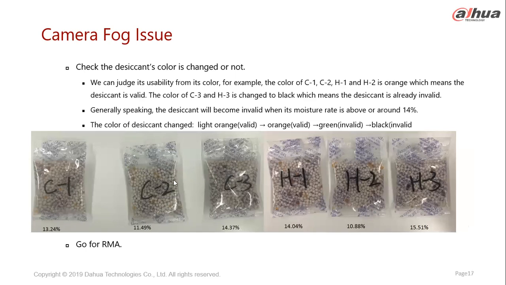They are like silicone that is used to absorb the fog. The desiccant can tell you where the problem is. So you need to open the camera. There's something like this. Mostly this one is used from our side.